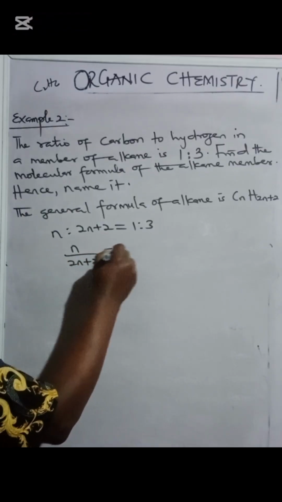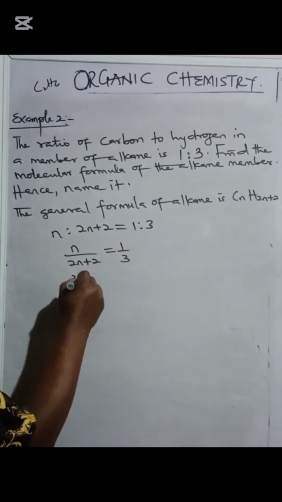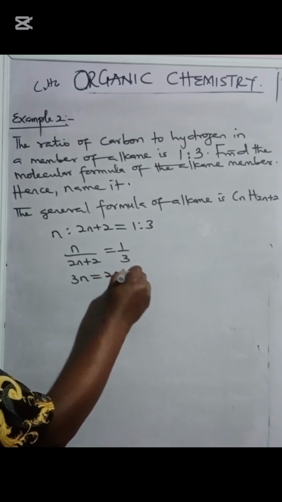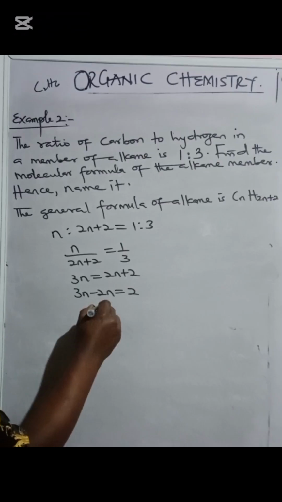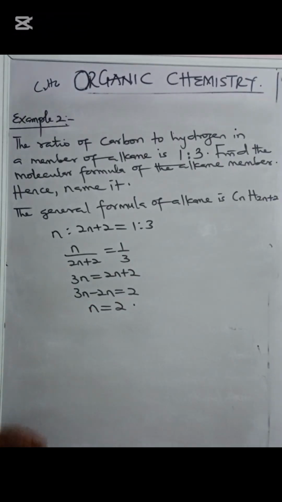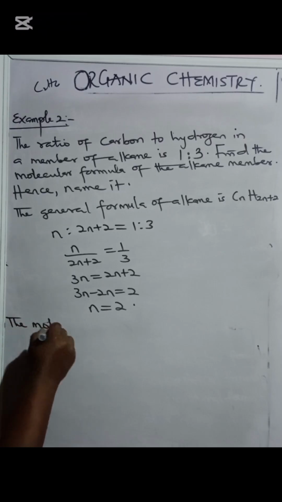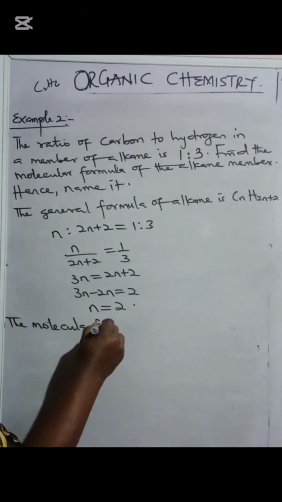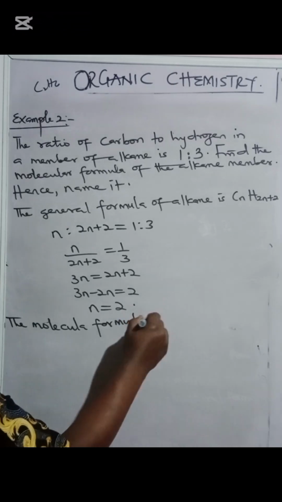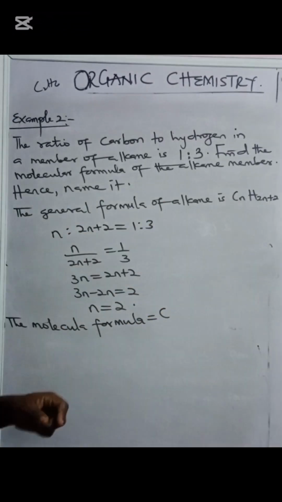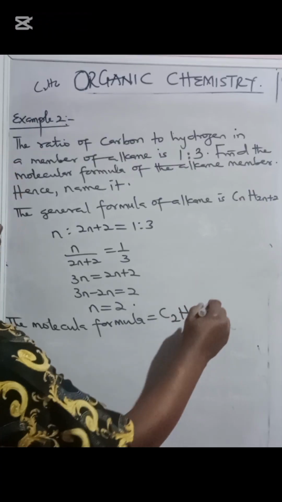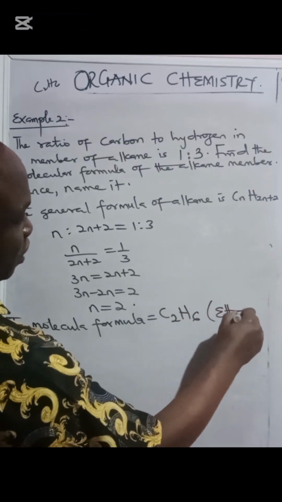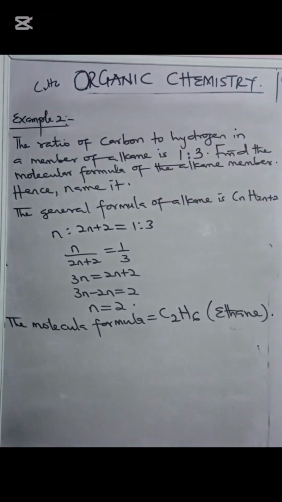Cross multiply: 3n is equal to 2n+2. 3n minus 2n is equal to 2. So n is equal to 2. So the molecular formula will be C2H6, which is known as ethane. We have to name it. That is example 2.